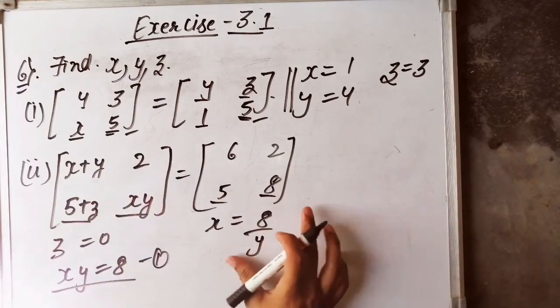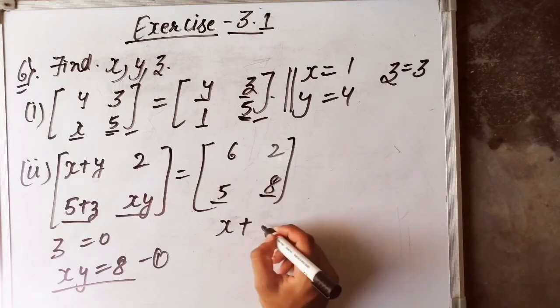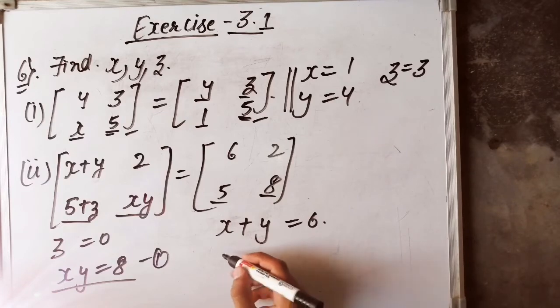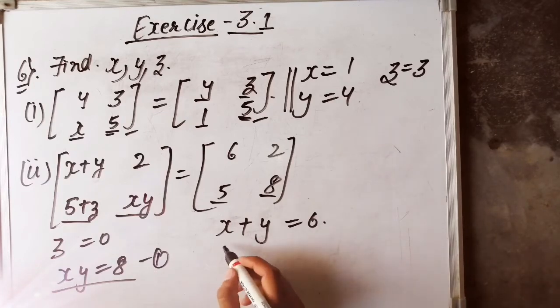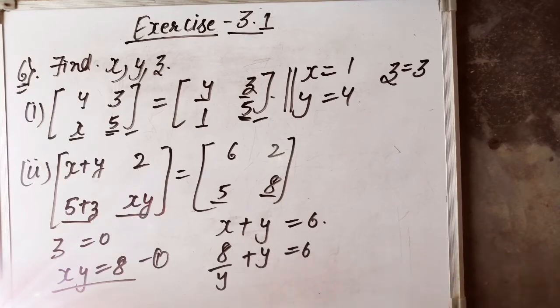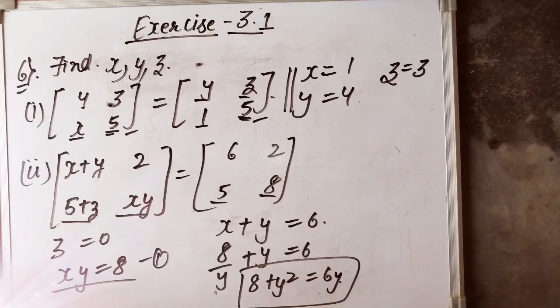So 8 by y plus y equals to 6, and from here we have 8 plus y square equals to 6y. Using this equation find out the value of x and y.